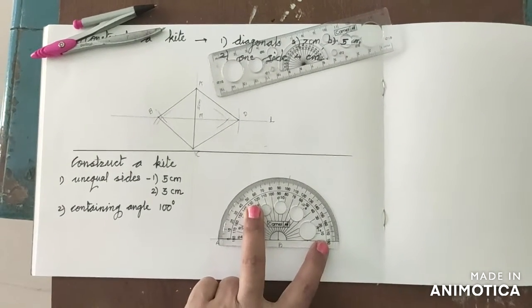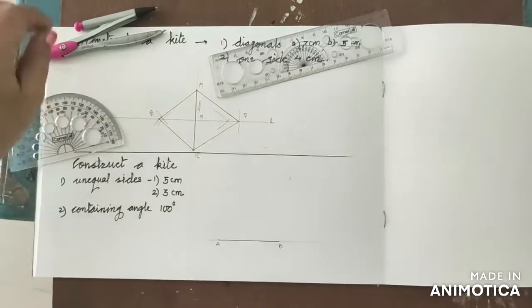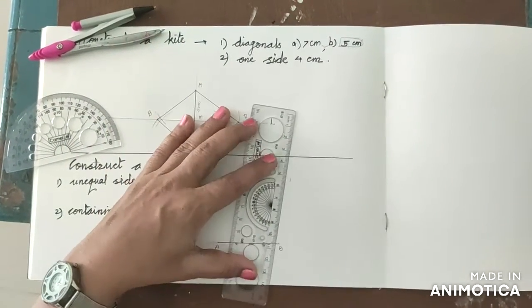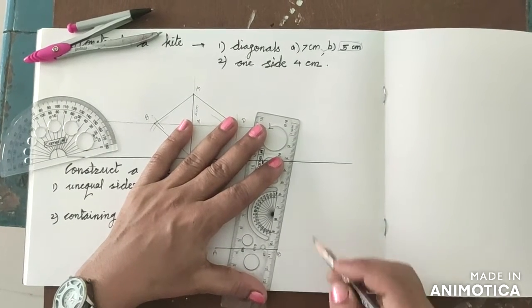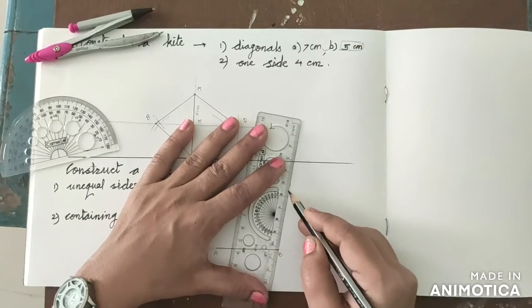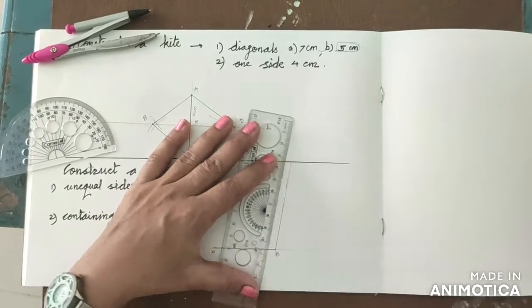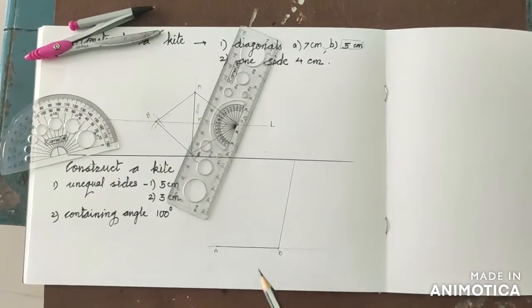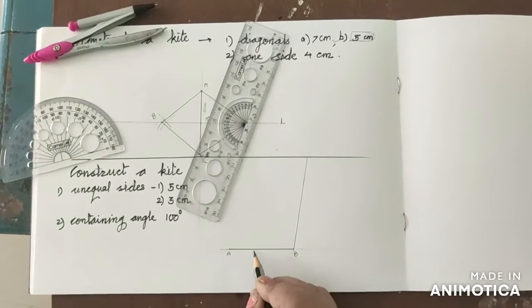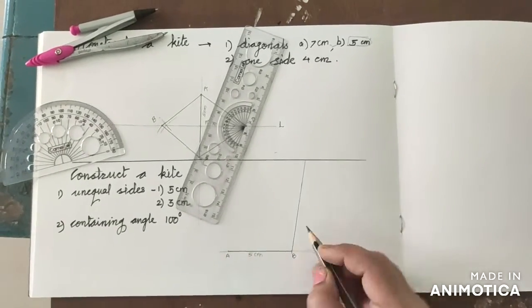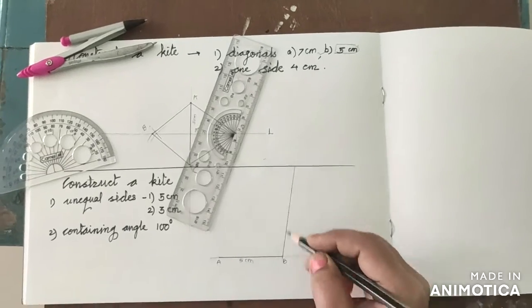This much. Okay, and join it. This way. Now these are the two adjacent, unequal sides. This is 5 centimeters, so obviously this one is 3. So very simple it is.